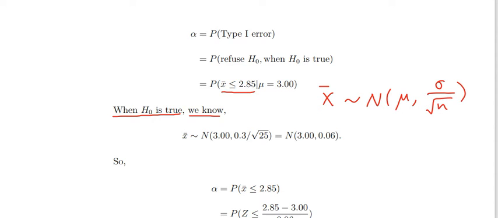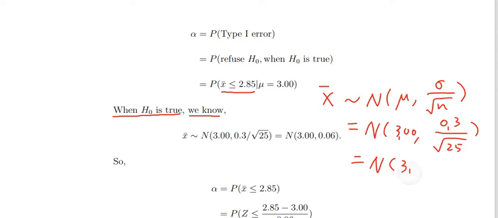We plug in mu equals 3.00, sigma 0.3, and n equals 25. So this normal has mean 3.00 and standard deviation 0.06, right? 0.3 divided by 5.